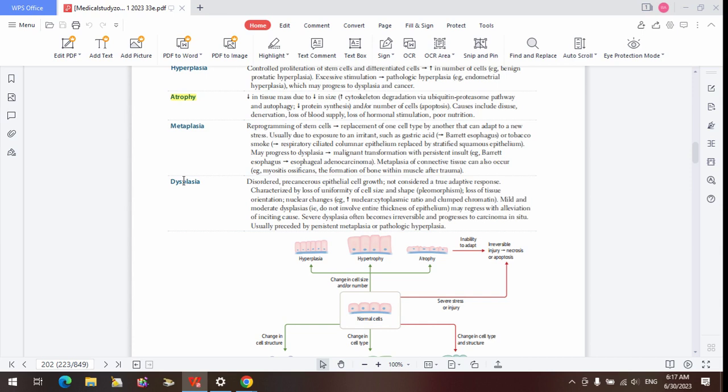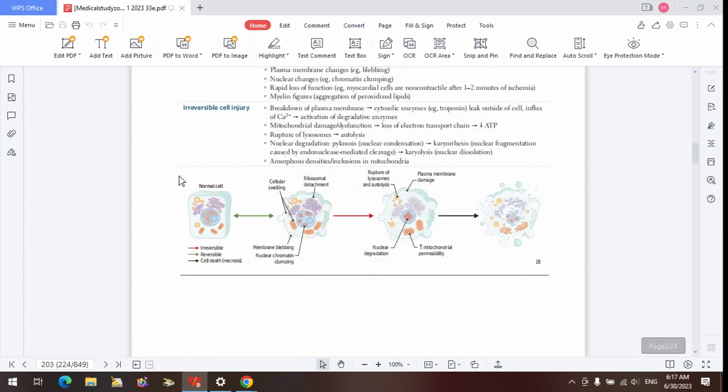If the topmost cells are affected only, that's mild. If it gets to the middle layer, moderate. If it gets to the layers that are most basal, that's severe. Severe dysplasia is also known as carcinoma in situ, and it is not reversible. The mild and the moderate are reversible.